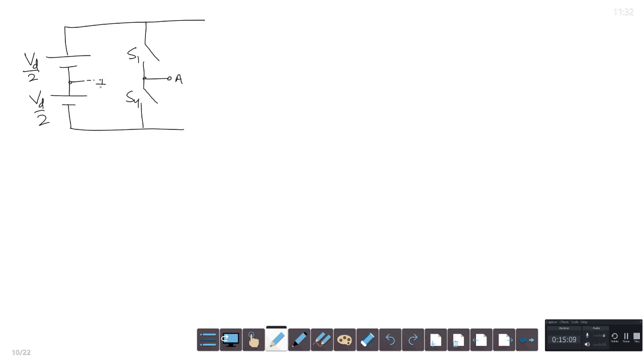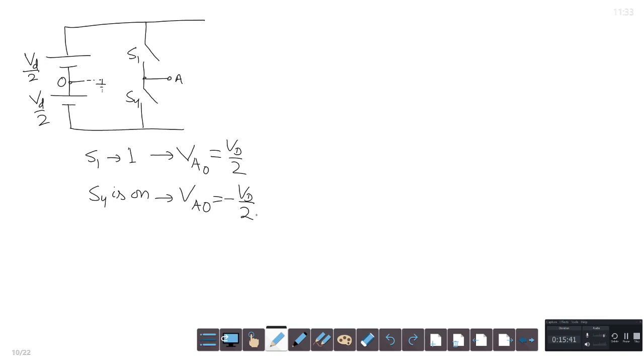Okay. So, when switch S1 is on, then the voltage of A with respect to this point, say let us call it VAO, is plus Vd by 2. When switch S4 is on, then the voltage of phase A is minus Vd by 2.